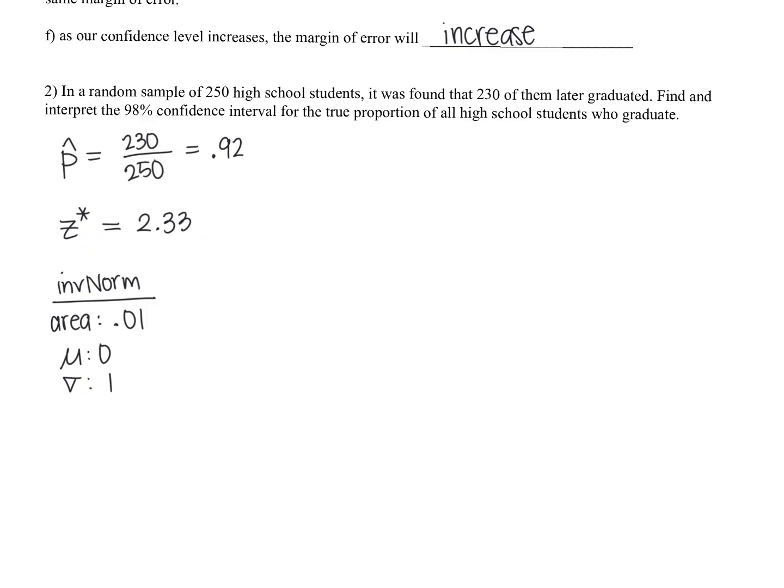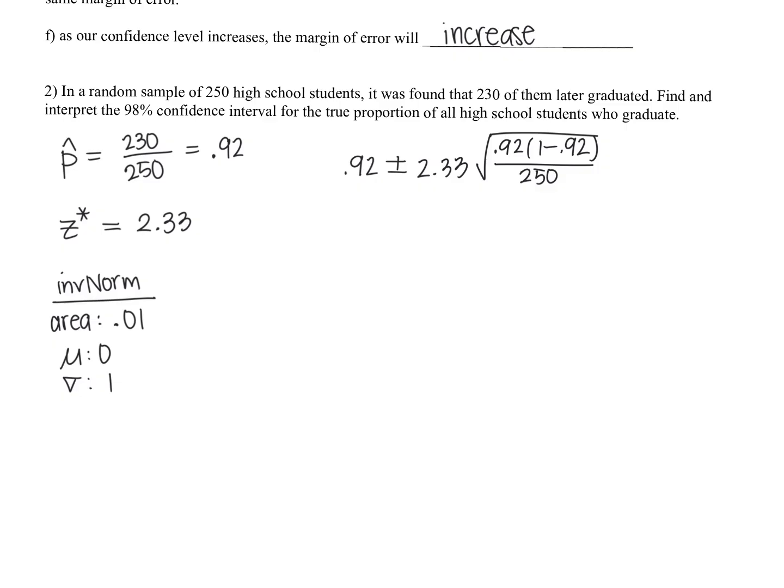So when I go to plug everything into my formula, we have 0.92 plus or minus 2.33 times the square root of 0.92 times 1 minus 0.92 all over n, which is 250.